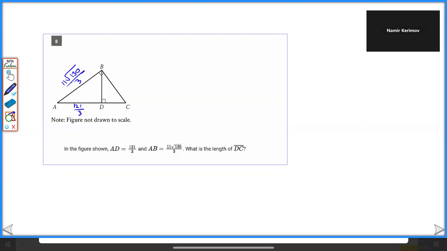Is it wrong? Maybe I don't know the answer. I did (121 over 3) squared plus x squared equals that squared. Think.